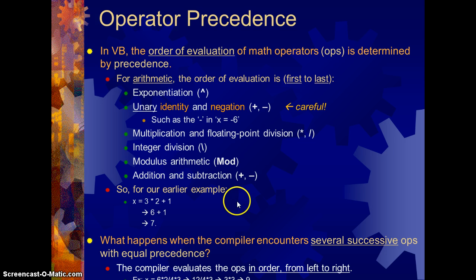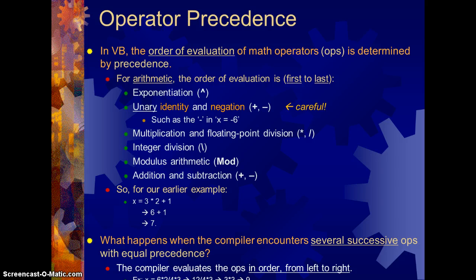What happens when the compiler encounters several successive operations with equal precedence? Let's see an example: 6 times 2 divided by 4 times 3. We said that multiplication and division have equal precedence. So which do I do first here? Do I do this, or this? It goes in order from left to right.